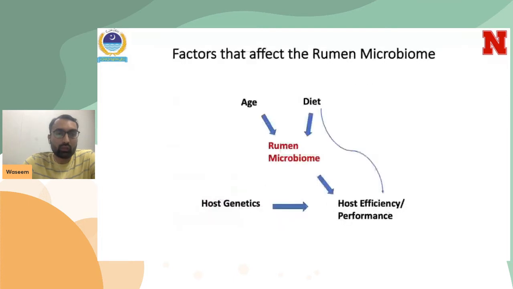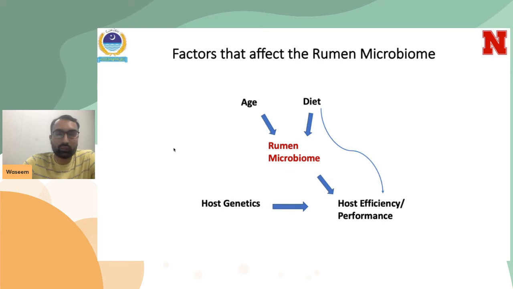So first of all, why did we do this study? When we looked at the rumen microbiome throughout the literature, a lot of studies had been done, and the major factors known to affect the rumen microbes are age and diet. There are all these different factors that influence the host microbiome or the host efficiency or performance, and host genetics is also one of them.